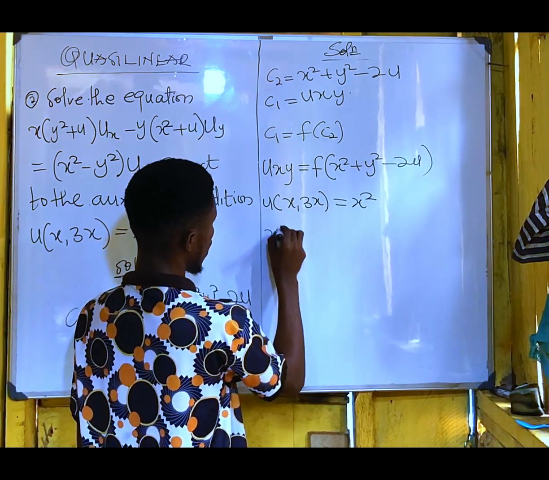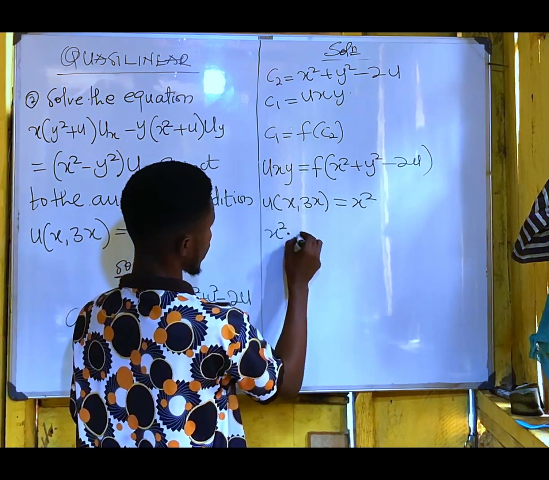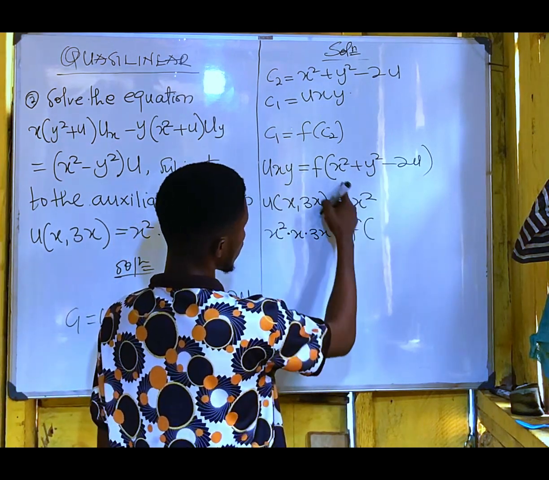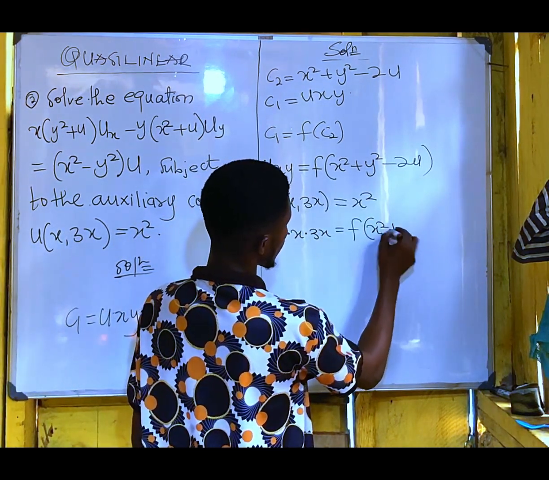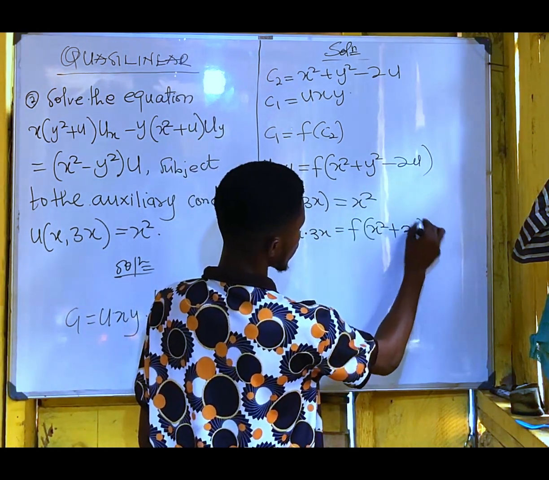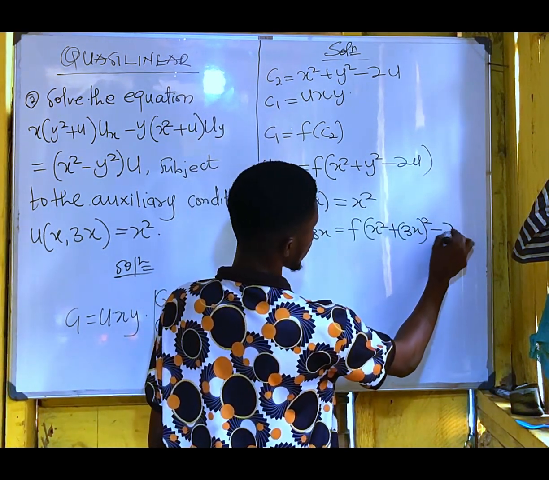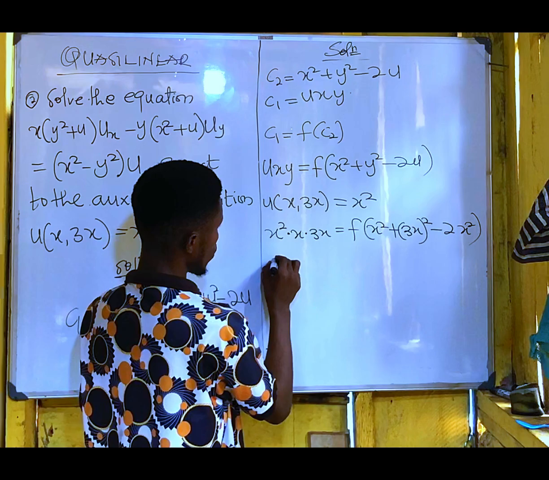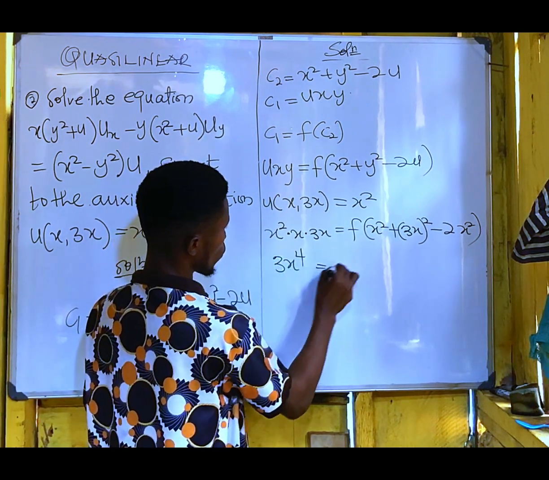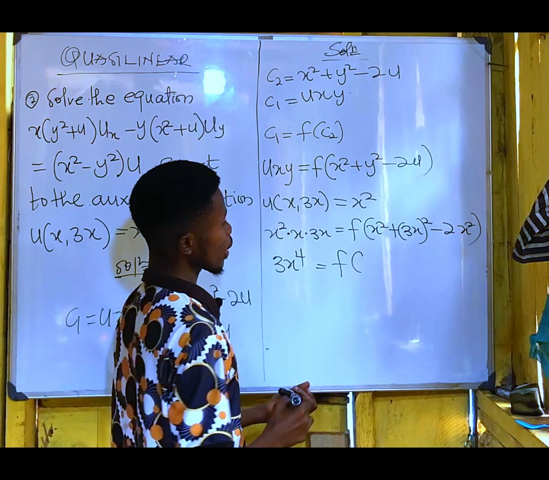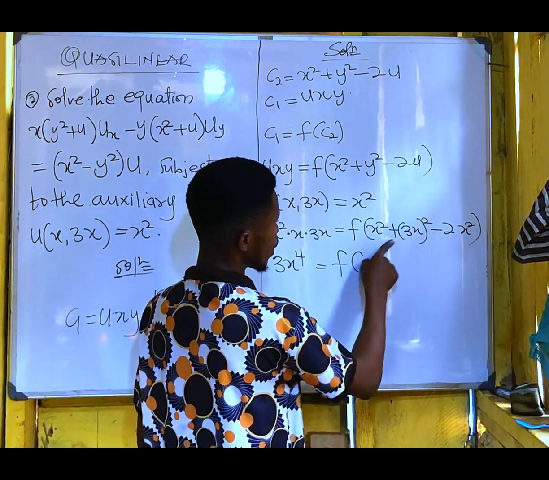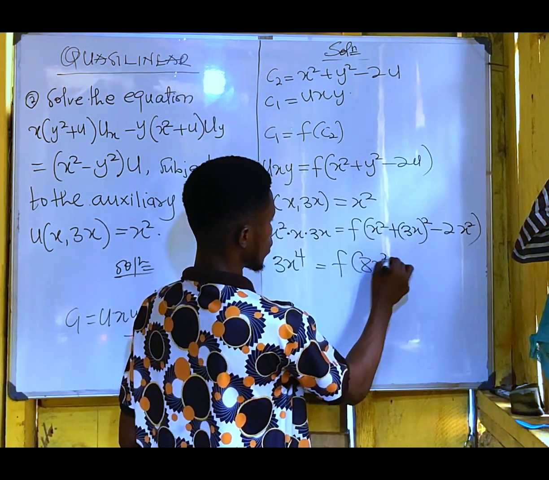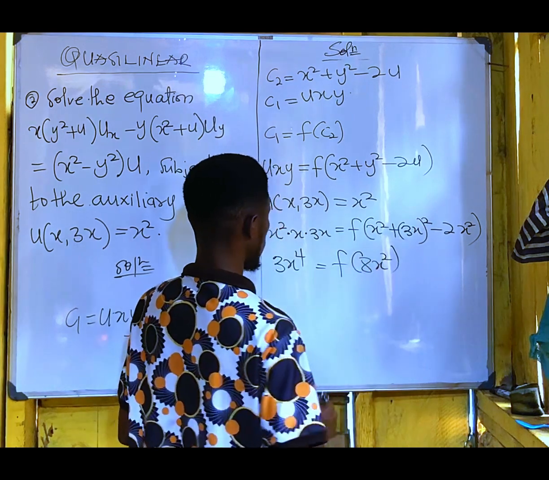So I'm going to have s² multiplied by x, x is x, y is 3x, so s squared over x equals f of (3x)² − 2s², that is, s² = 3x to the power 4 equals f of 9x² minus 2x², that will be 8x². That's what we are going to get.